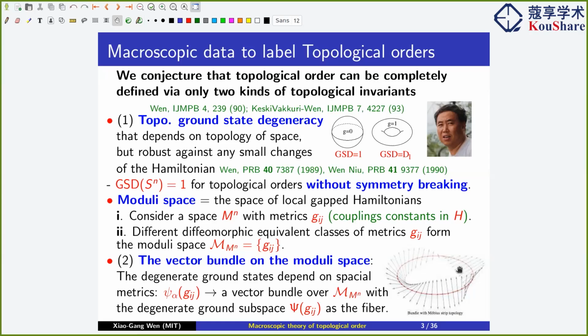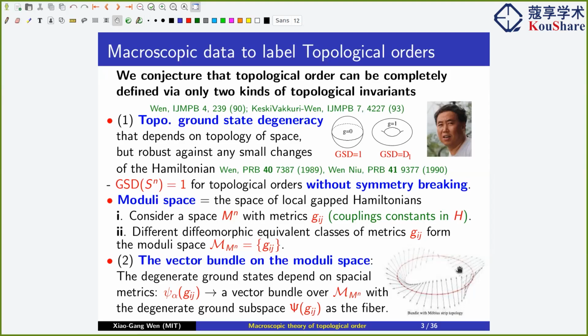Then for every eigenvalue, you also have an eigenvector. When we change the momentum wave vector in the Brillouin zone, the eigenvector may twist around. So every energy band is not just a dispersion relation. Actually, it's a vector bundle over the Brillouin zone. The fiber is these eigenstates, and the base space is the wave vector which parametrizes the Brillouin zone.